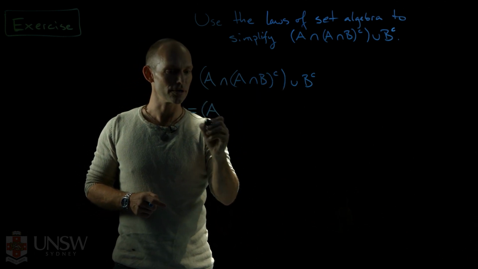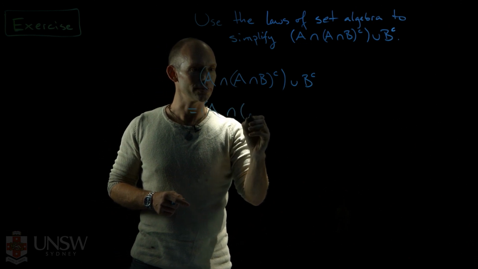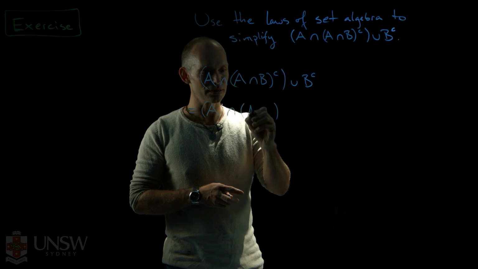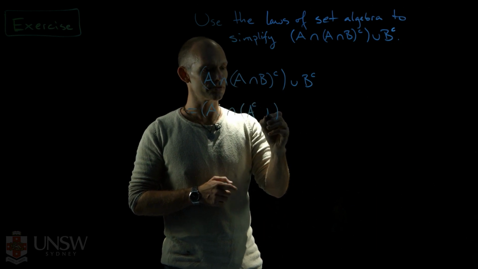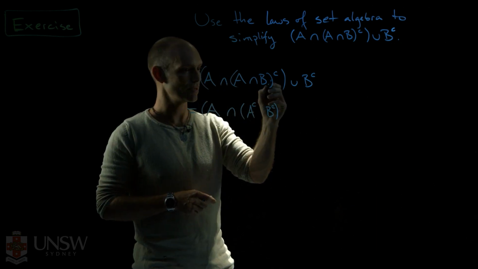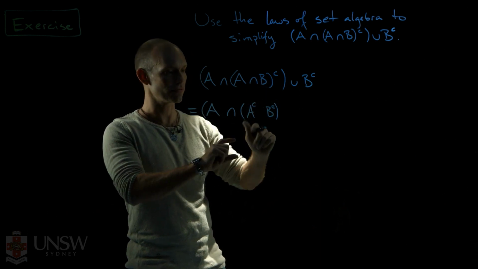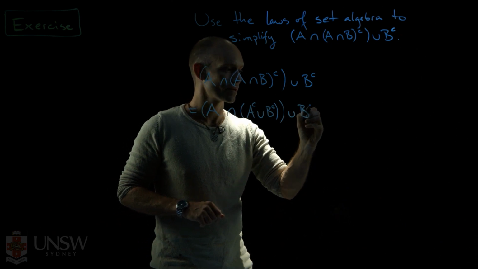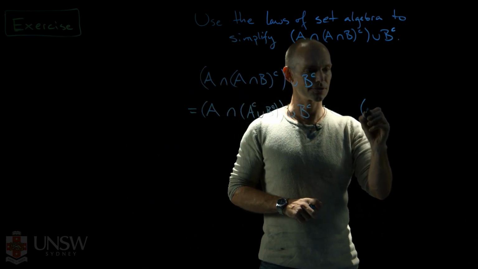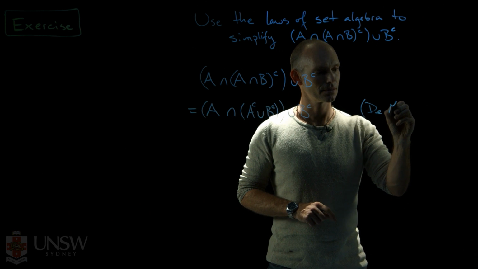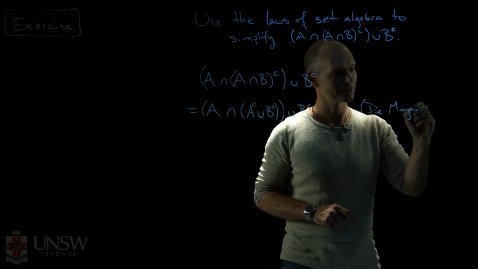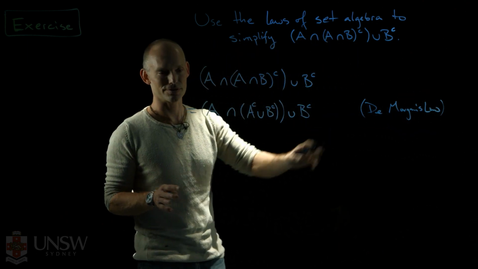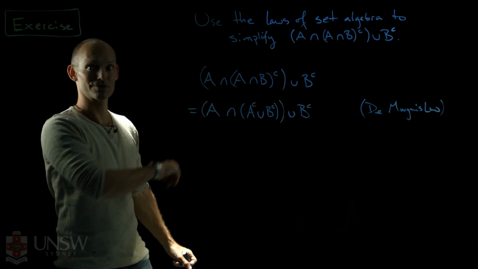So if we apply De Morgan's law here, the complement there disappears, and instead we have complements of the sets there, A complement, B complement, and the intersection gets flipped upside down, so we have a union there instead. And this is by De Morgan's law. Remember to write which laws you're using, those in particular.